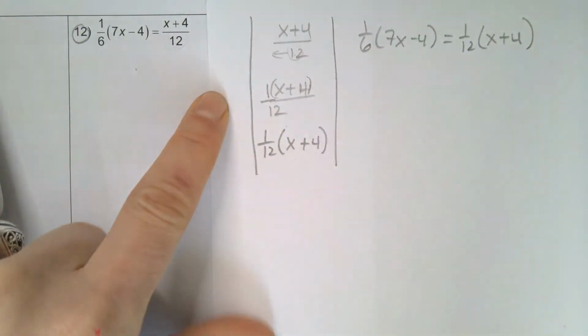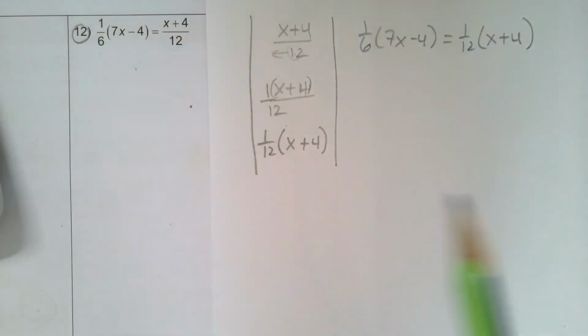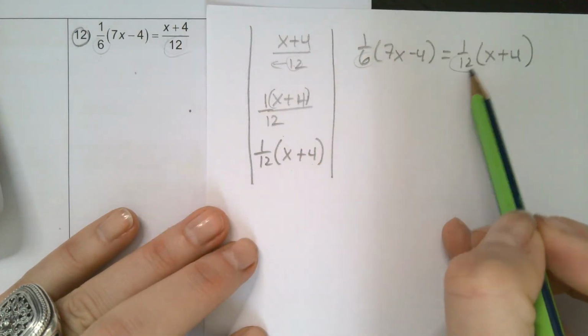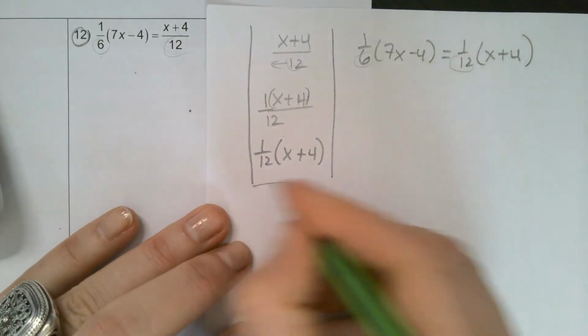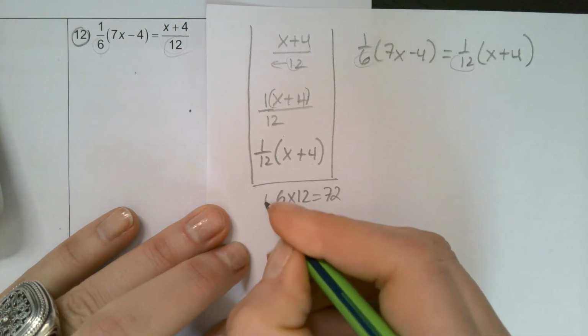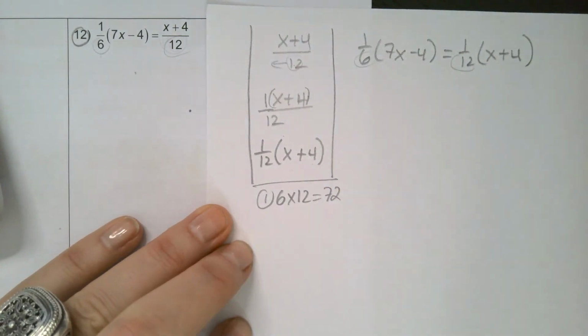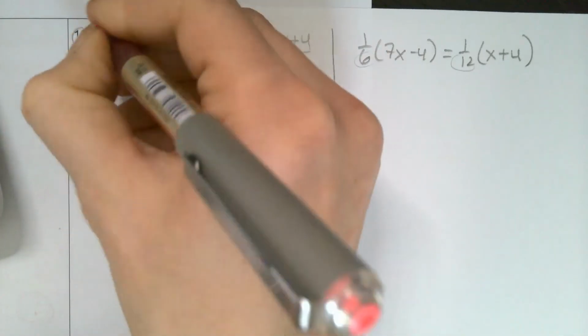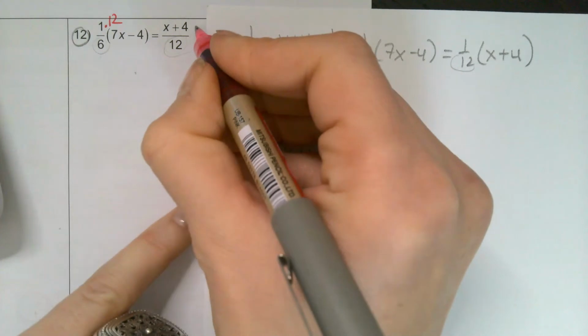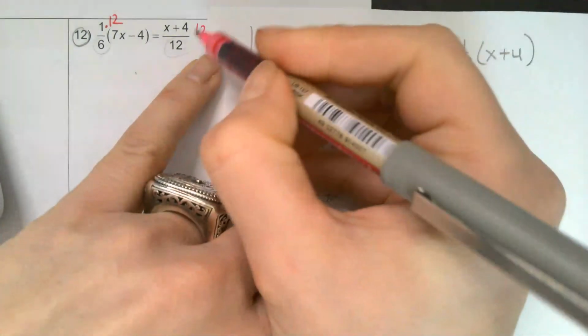Okay? So I have to get rid of the fractions, the 6 and the 12. So all I do, I'll do it here. 6 times 12 equals 72. That's my first step. So I have to multiply both fractions by 72. So if I put 72 here like that, it looks funny.